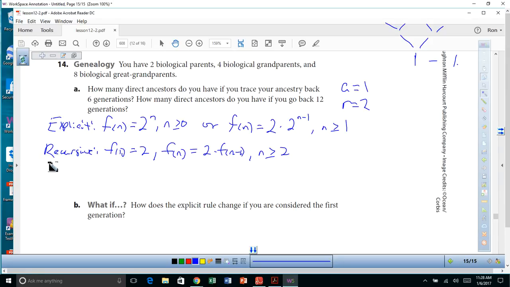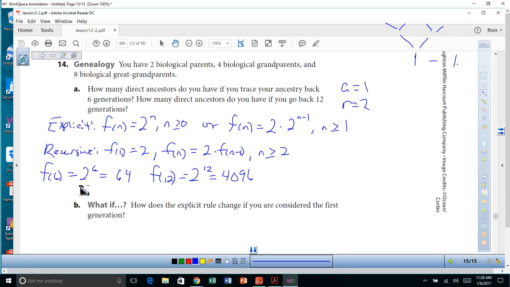Now let's see. f of 6, that's going back 6 generations, would be 2 to the 6th power, which is 64. And then f of 12, that would be 2 to the 12th, which is 4,096. Okay.